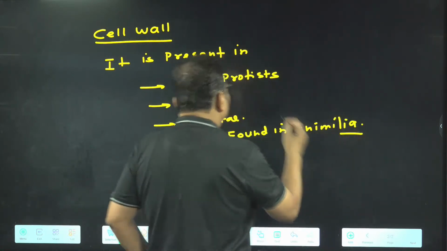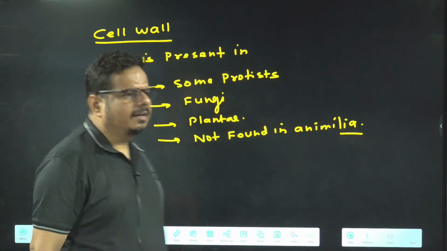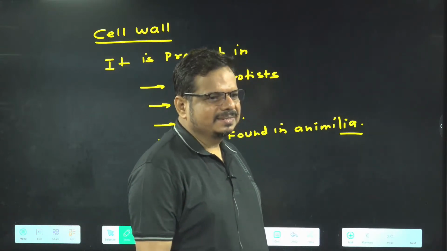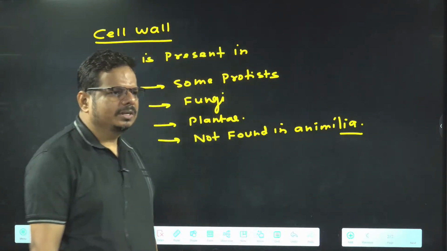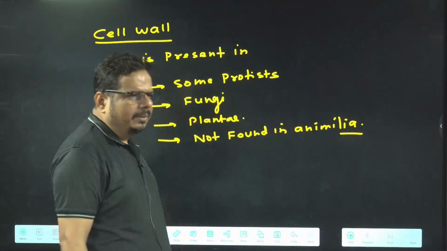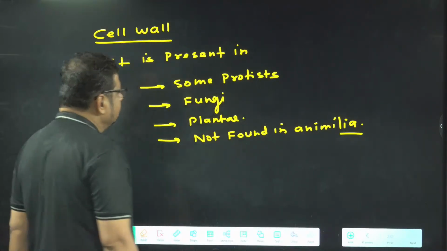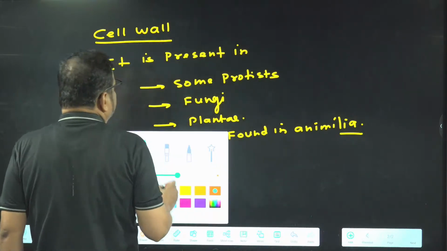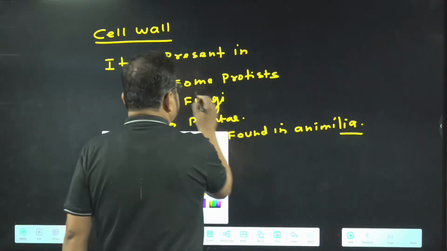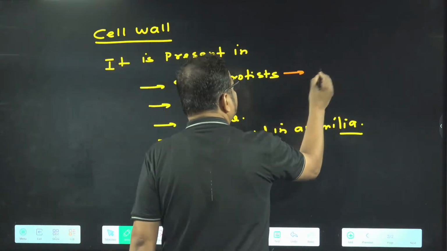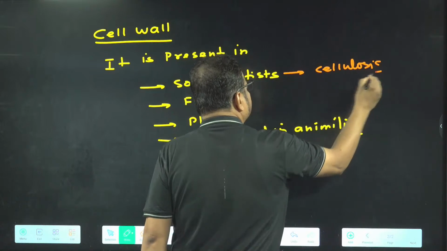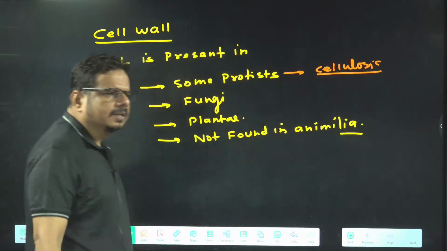Clear? And I already told in the last class regarding the cell wall of monerans, it is non-cellulosic, made up of peptidoglycan. Able to understand or not? So in protistans, if cell wall is present, it is cellulosic. Cell wall is made up of which one? Cellulose.